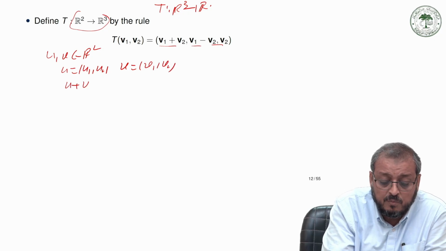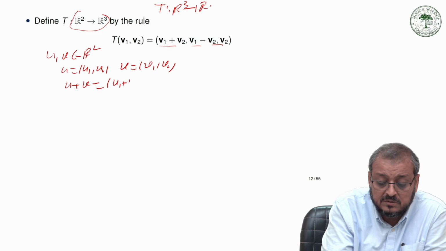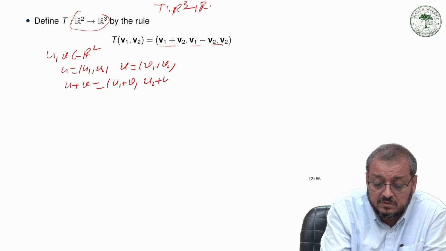Then u plus v is of the form (u1 plus v1, u2 plus v2).